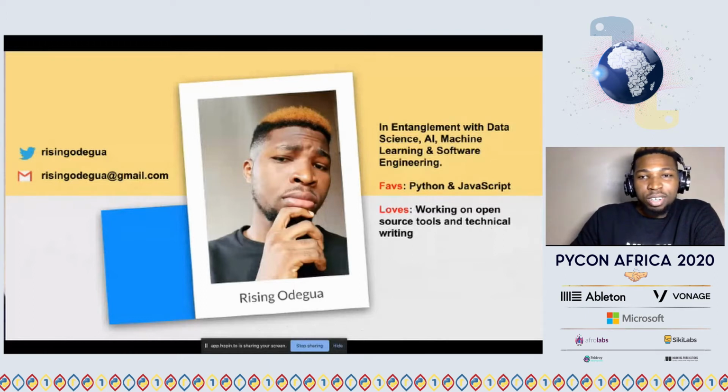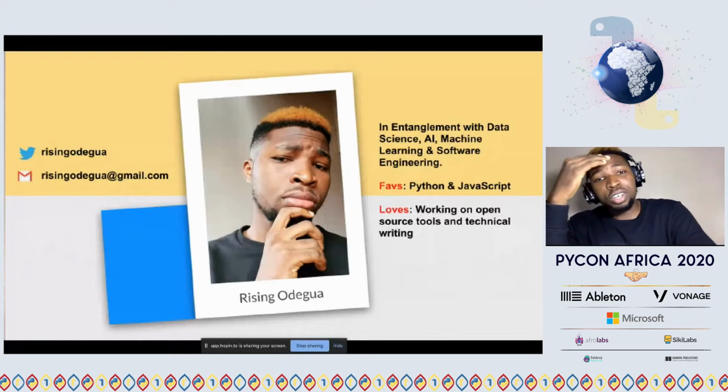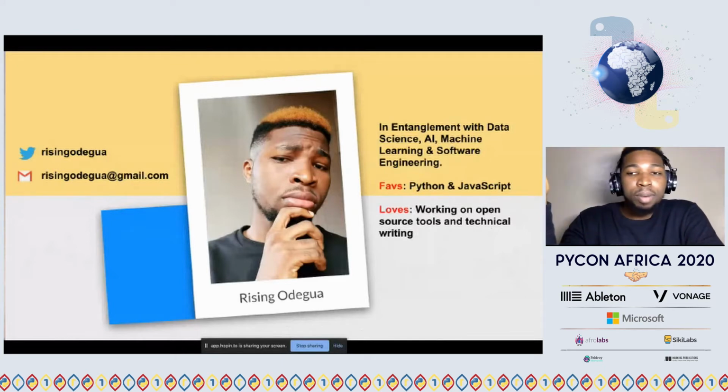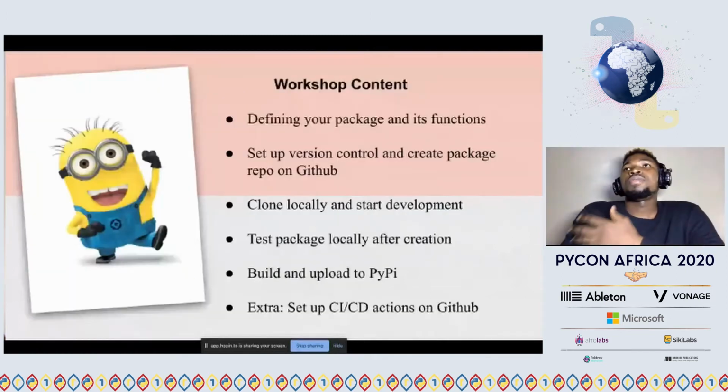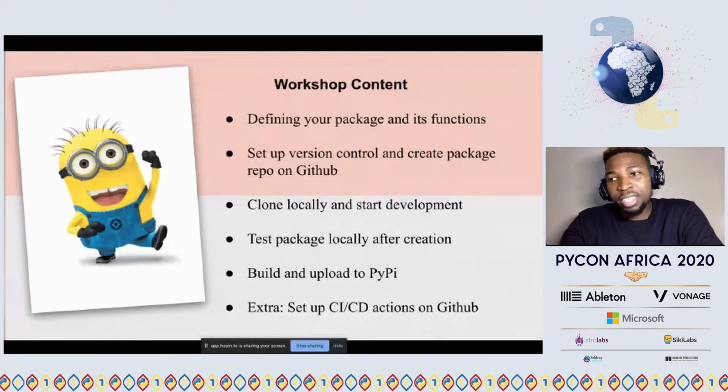So now let's look at the workshop content for today. The first thing we're going to be doing is to define our package and all the functions that are going to be in our package. If you are going to be creating a tool that people are going to use, you have to have an end goal in mind. What is this tool going to be doing? What is going to be the use for other developers?